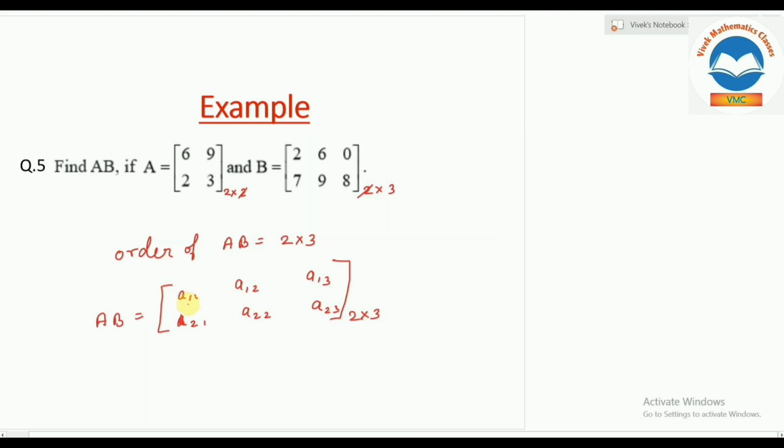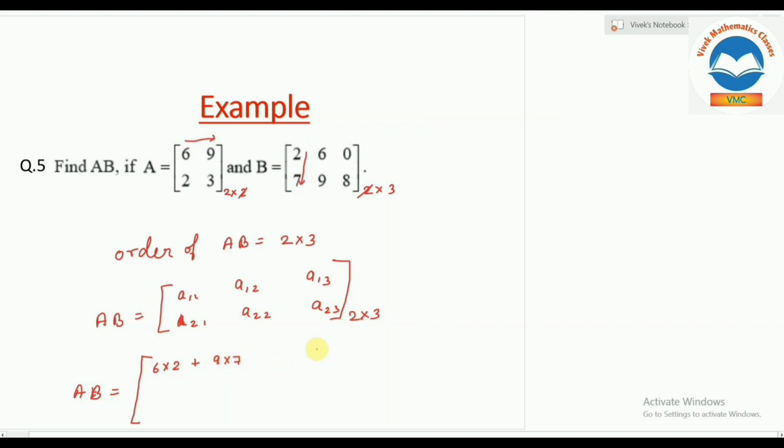For A11, the index is 1 1, which means you have to multiply the first row with the first column. So AB will be equal to: first you multiply for A11, the first row of the first matrix and the first column of the second matrix. So we get 6 into 2 plus 9 into 7.